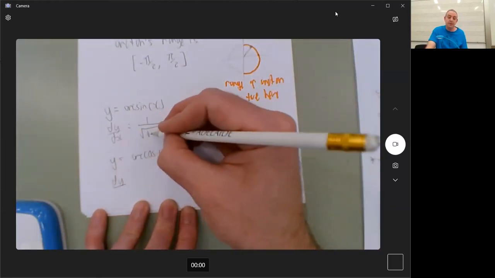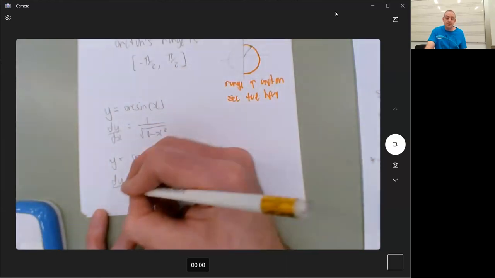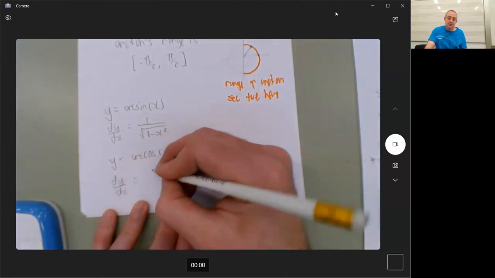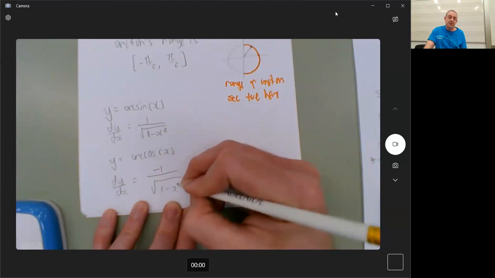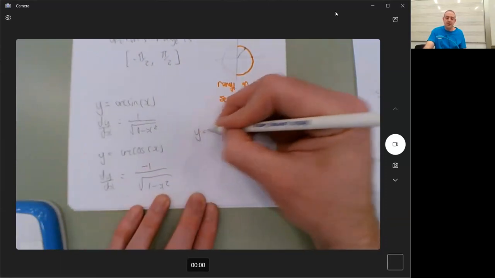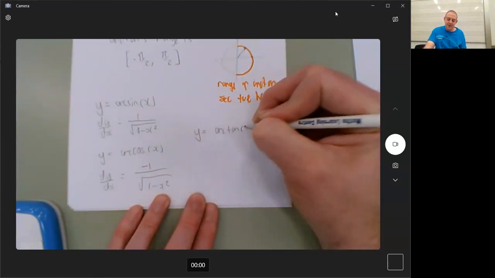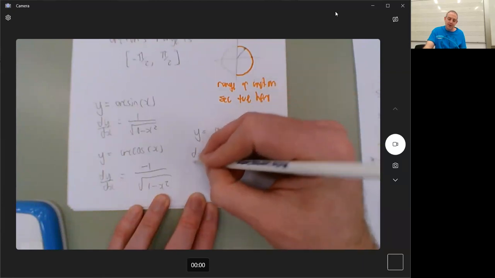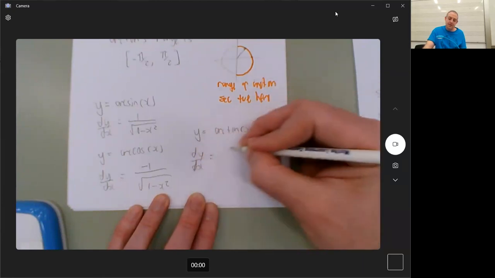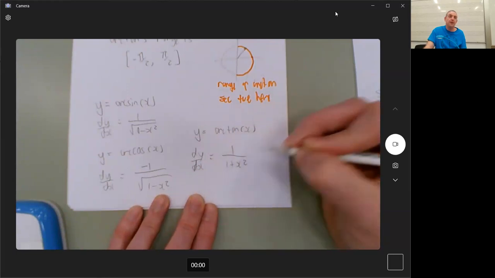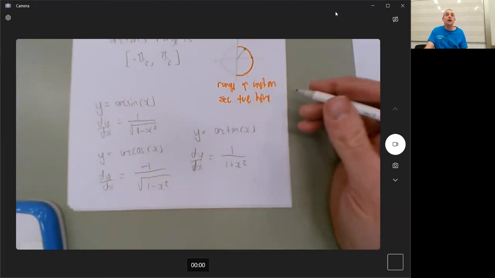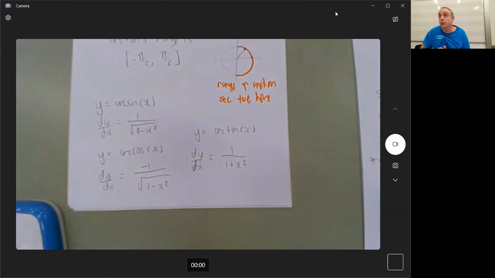No, that's definitely a minus. Then dy on dx is minus 1 on root 1 minus x squared. And if y is arc tan of x, then dy on dx is 1 on 1 plus x squared. The plus goes with the tan. And the tan doesn't have a square root.